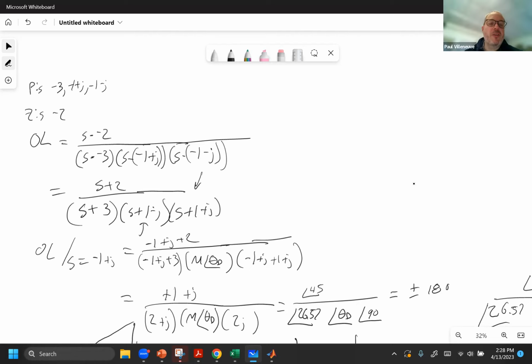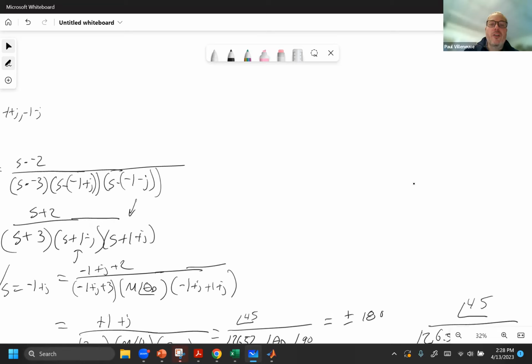Okay, so that's my question, which is you found the angles. What was your starting point to find the angles for? I guess I'm not sure what you're asking. So you're trying to find the magnitudes and the angles of the vectors between the open loop poles and zeros to the point where you're trying to calculate the angle of departure.